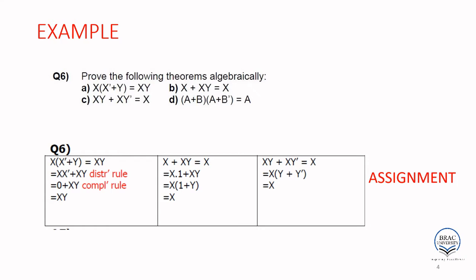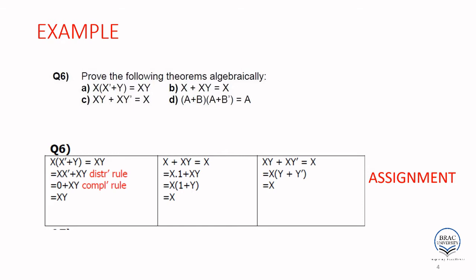Here we'll try to solve a couple of examples. The question says, prove the following theorems algebraically. We already saw a couple of theorems, around 16 or 18, so we just need to use those theorems to simplify.